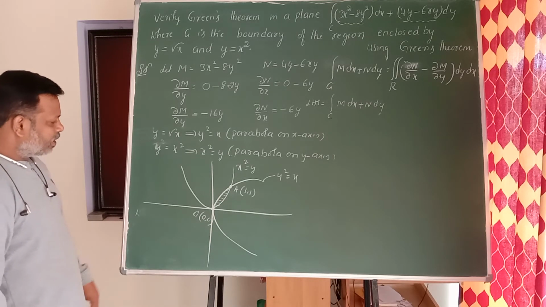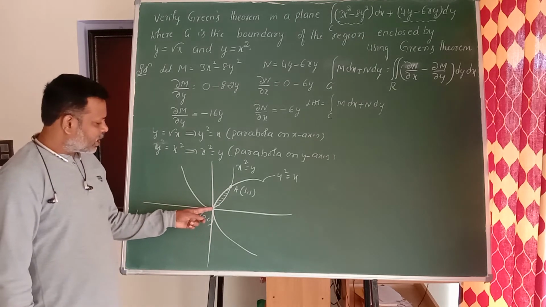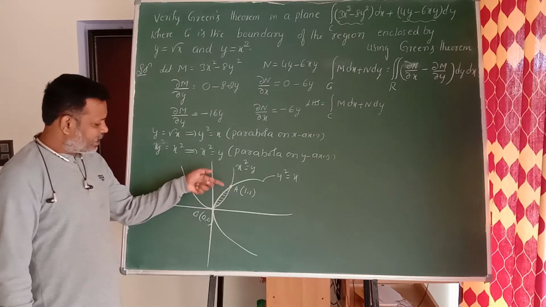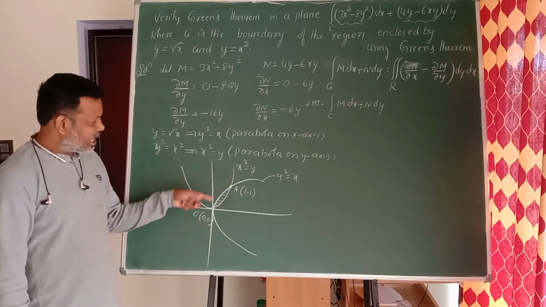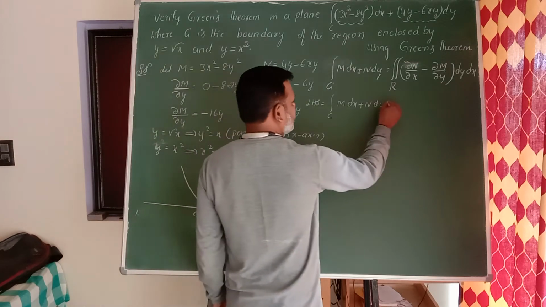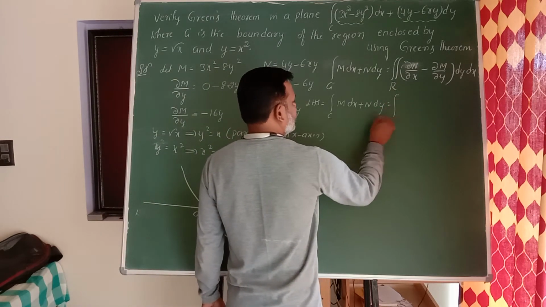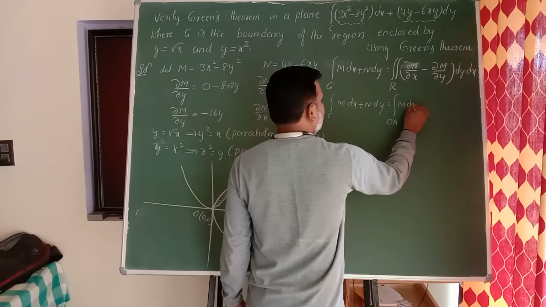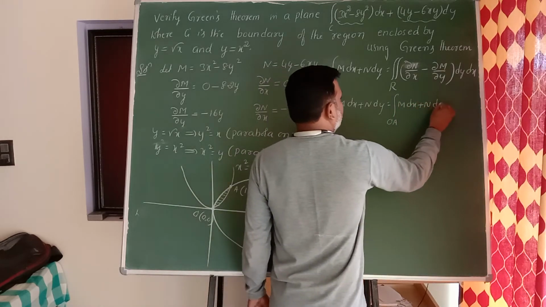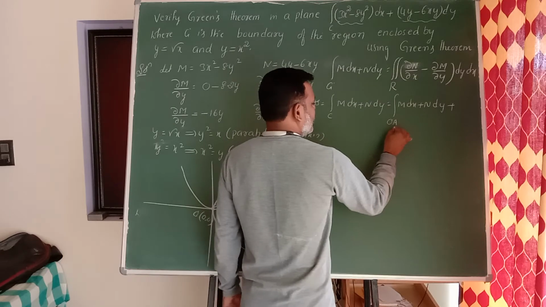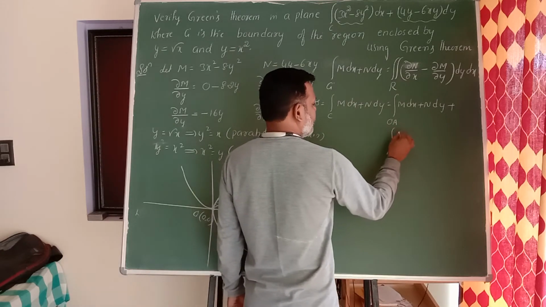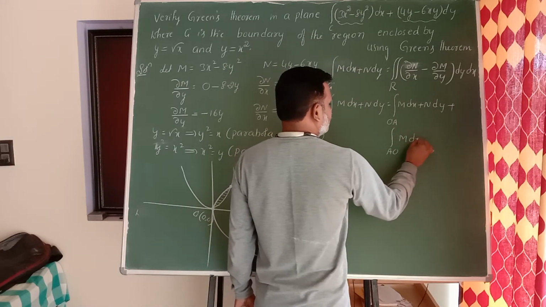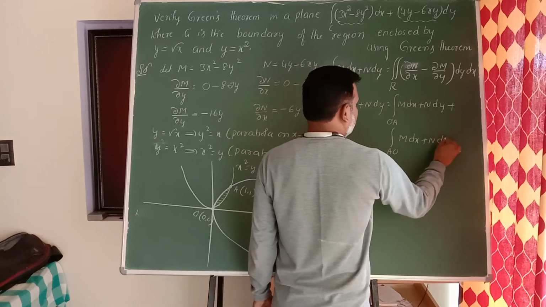Now this region is bounded by O to A and A to O. And this can be taken as, look at me, the integral over the curve: first one is OA of M dx plus N dy, plus another curve, the integral from A to O along AO of M dx plus N dy. Got my point?